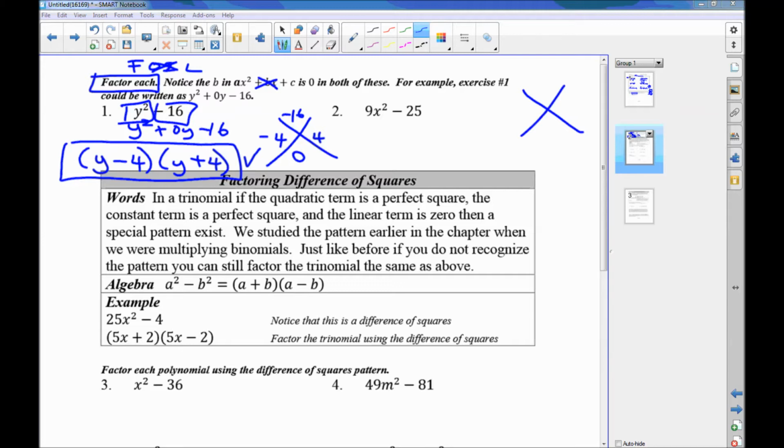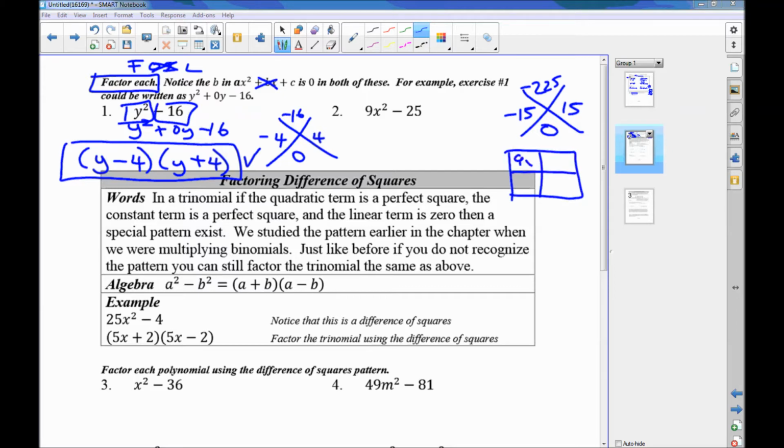Okay, so remember the middle term, the b is 0, and then 9 times negative 25 is negative 225. So this is negative 15 and positive 15. These two numbers have to be the same to make it work. Now, unfortunately, this is not a leading coefficient of 1.